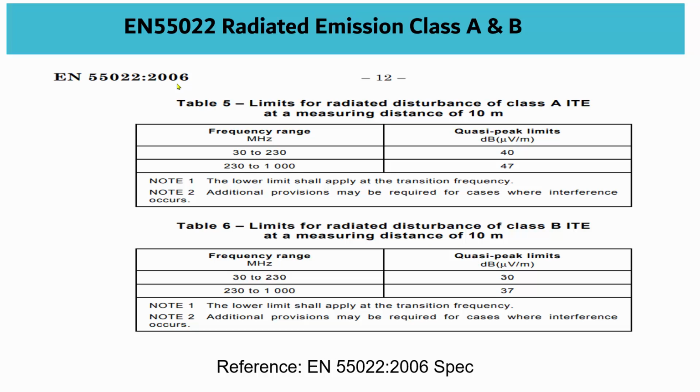They have a frequency range from 30 megahertz to 230 megahertz, then another range from 230 megahertz to 1000 megahertz. The peak level will be different, like 40 dB and 47 dB for the two frequency ranges. This is for class A. Class B is lower, very similar to the CE spec above.